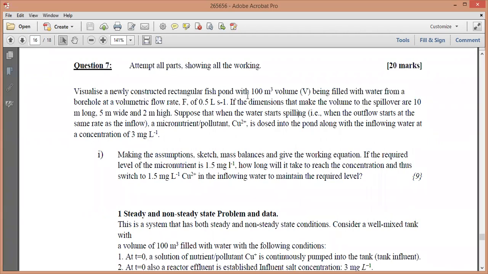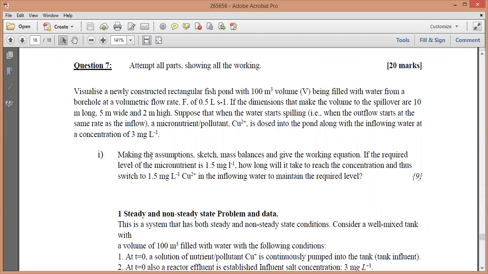Similar issue, isn't it? You have certain flow rates and you have an overflow happening, okay? And when that overflow starts, a micronutrient, copper in short, is dosed into the pond along with the inflowing water at a concentration of 3 milligrams per liter.